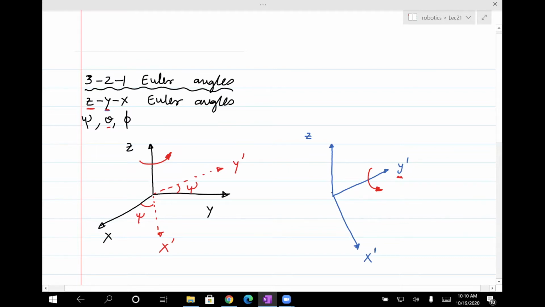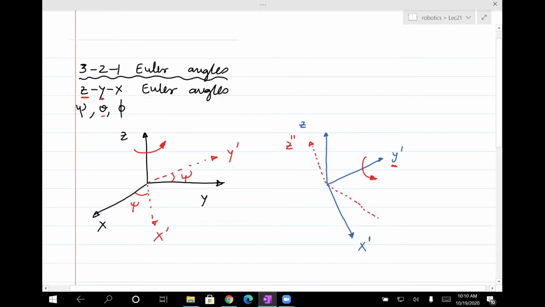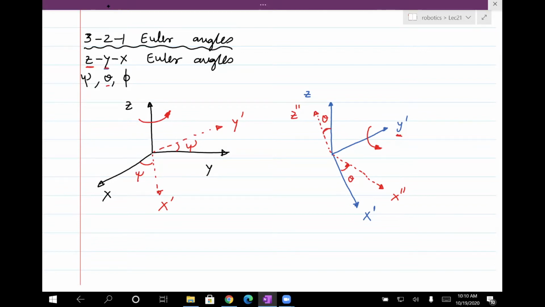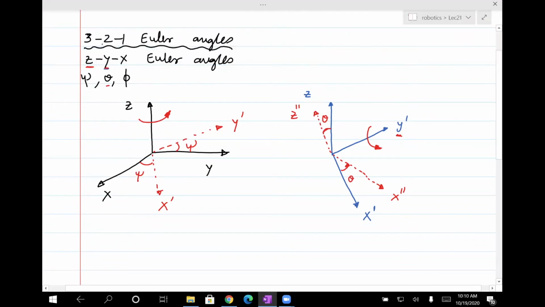This is slightly hard to imagine in two dimensions, but it will be something like this. The z would shift, and I'm going to call that z double prime because this is my second rotation, and then x double prime, and these angles are theta and theta. So that's my second rotation.